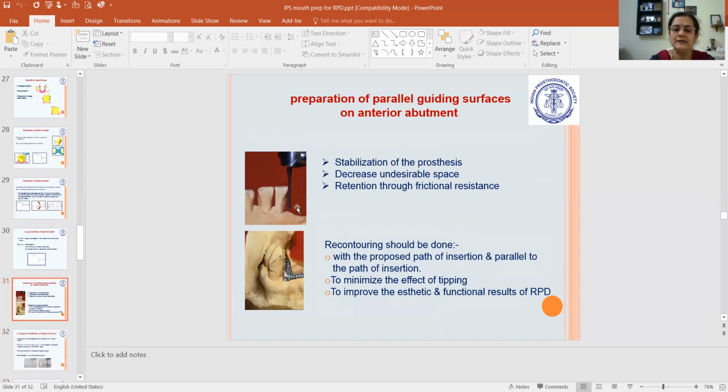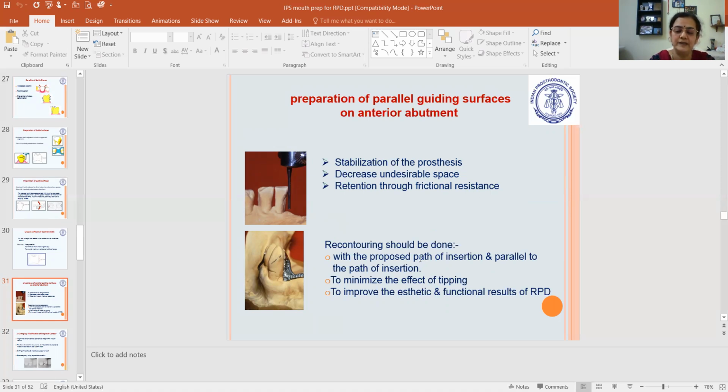The preparation of guiding surfaces on anterior teeth. These are again provided for stabilization of the prosthesis, to decrease the undesirable spaces, thus helping improve aesthetics, and for retention through frictional resistance.